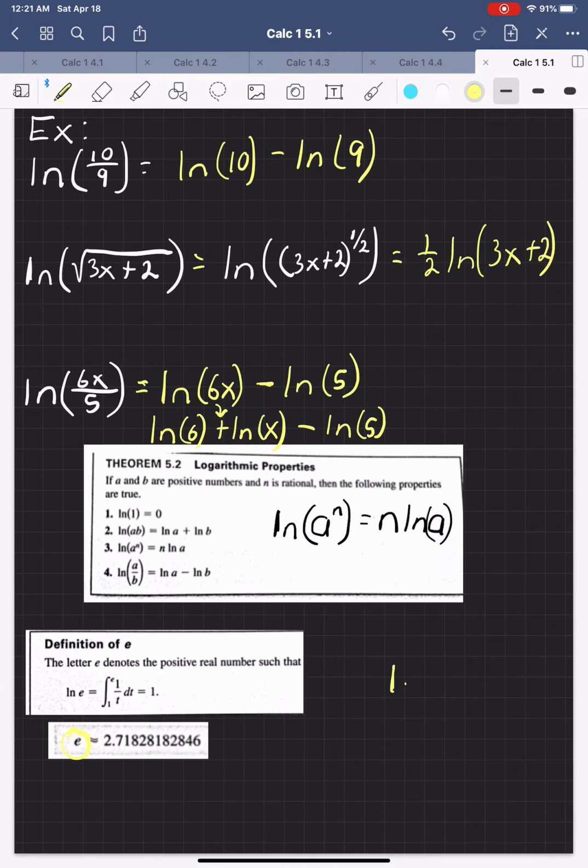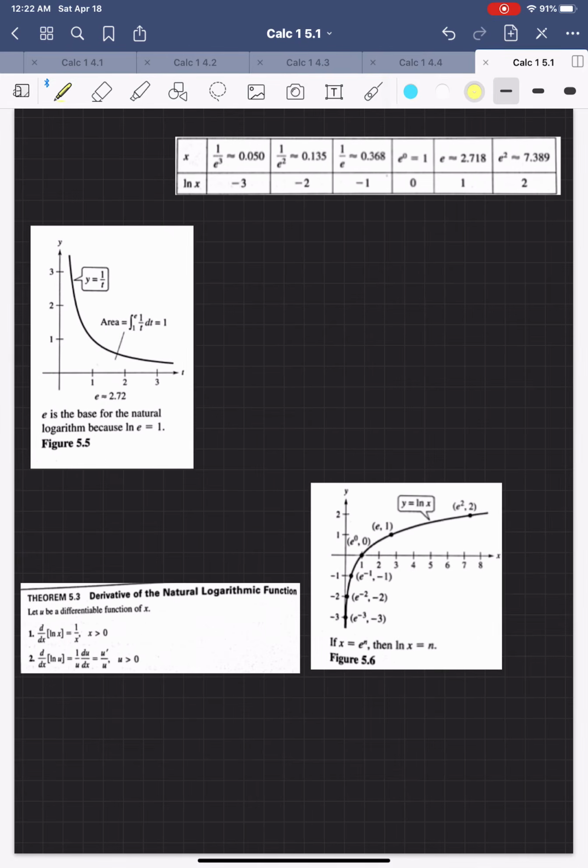And I need you to understand that ln of e is equal to 1. In fact, e to the ln is also equal to 1.